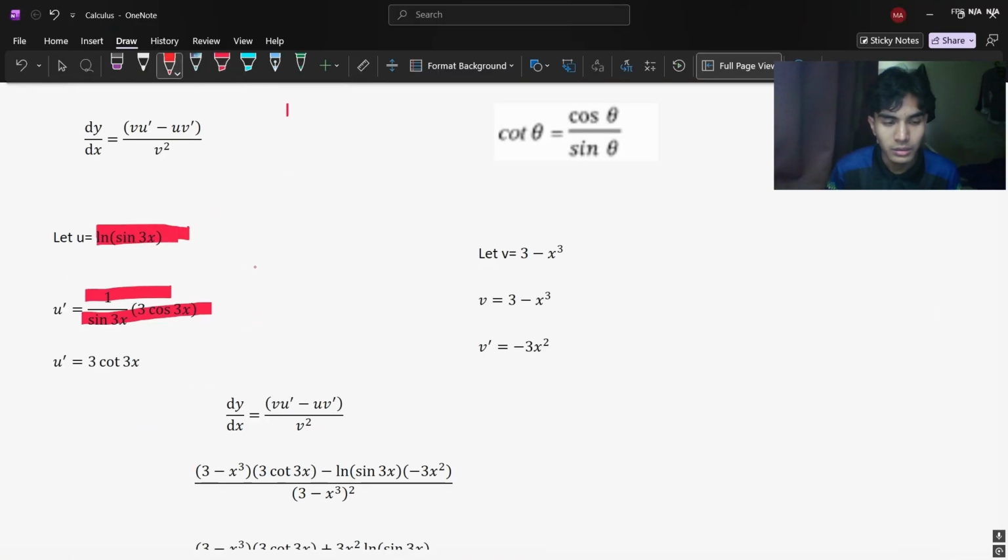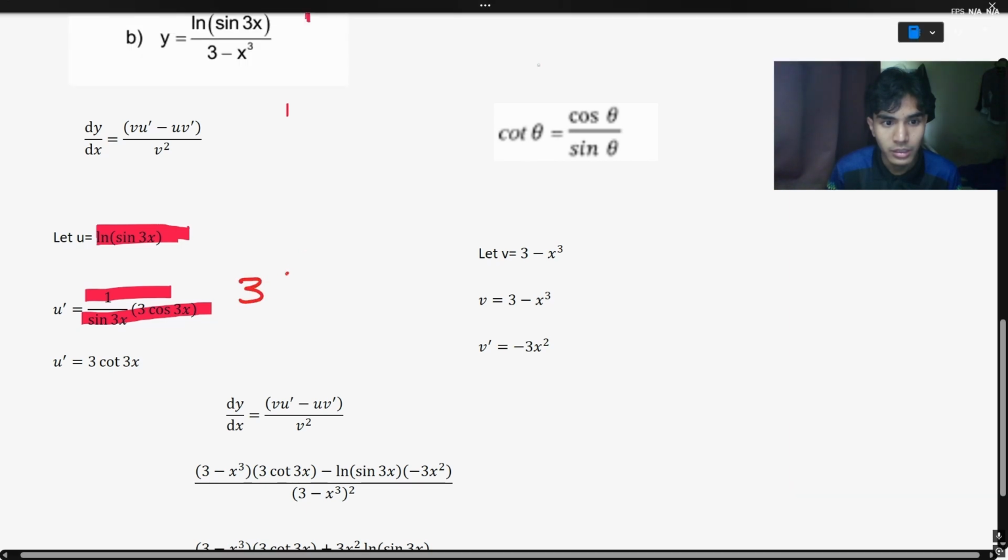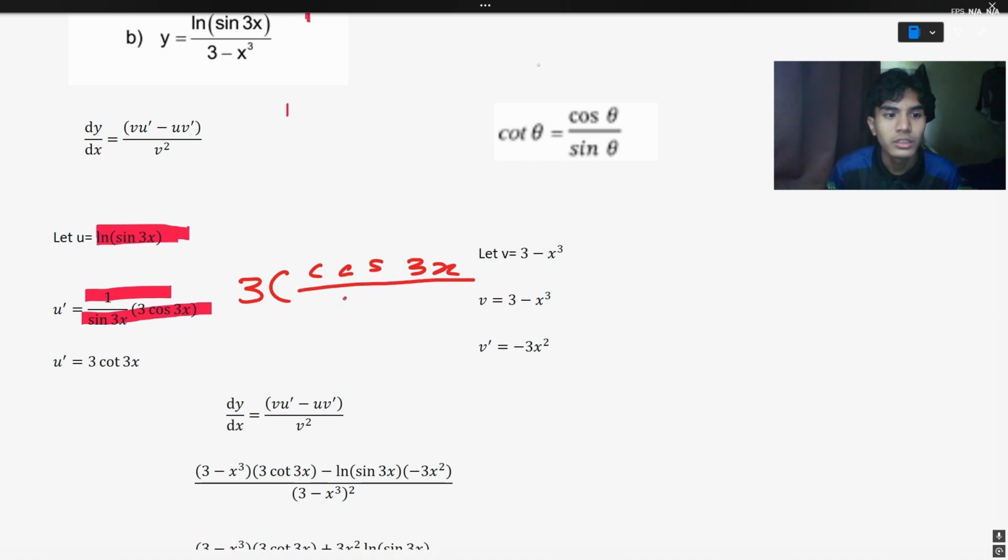This basically means that to simplify it, it's 3 cos 3x over sine 3x. So we can simplify it more, and it can become 3 cot 3x, which is here, the final u prime.